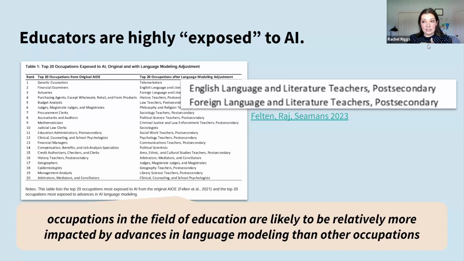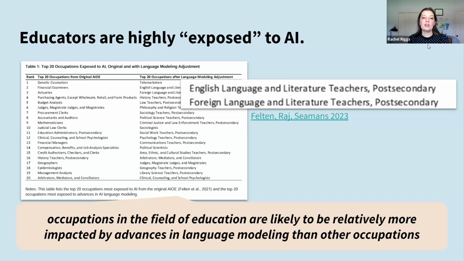We, as educators, it's really important that we pay attention to these new tools and to generative AI. There's an analysis that was done around occupations exposed to AI. Before generative AI, or a specific application of that called language modeling, the ChatGPT type of capabilities that you've probably heard of or seen, educators were only a couple on that top 20 occupations exposed to AI.